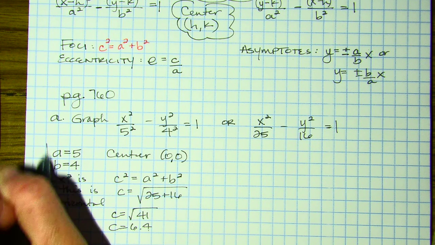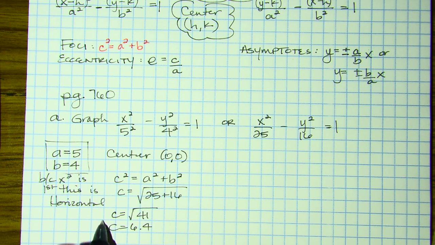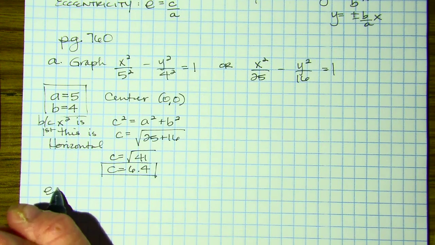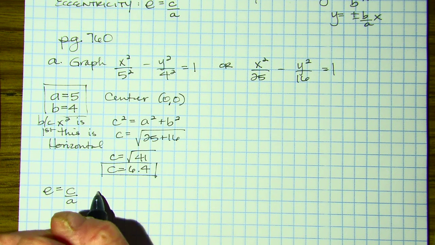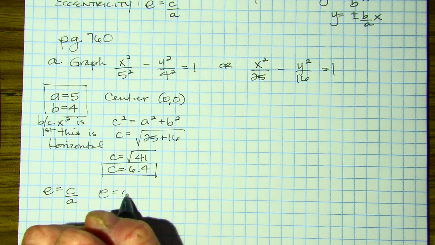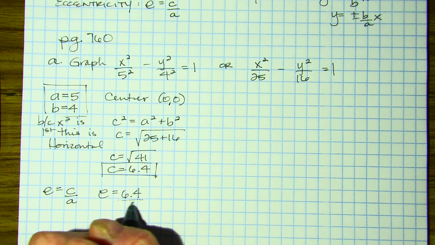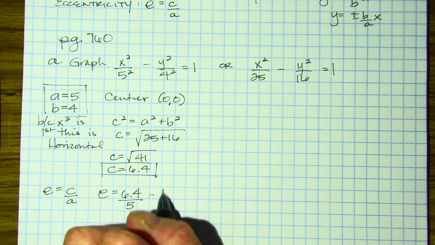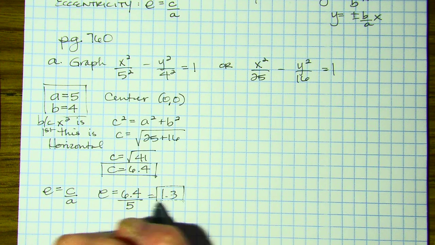So I've got a, b, and here is c. My eccentricity is simply c over a, so 6.4 over 5, which becomes 1.3. There's my eccentricity.